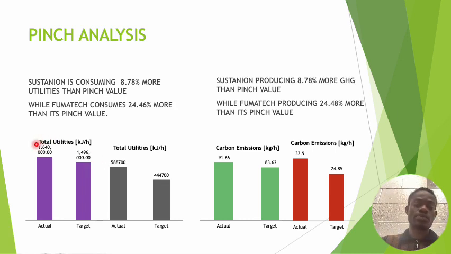The Sustain Ion system used significantly more energy than the Fumatech system, and this same trend is similar with the carbon emissions. The Sustain Ion system produces almost 3 times as much greenhouse gases as the Fumatech system. That being said, in both cases, there is significant improvement in the Fumatech system compared to the Sustain Ion system.